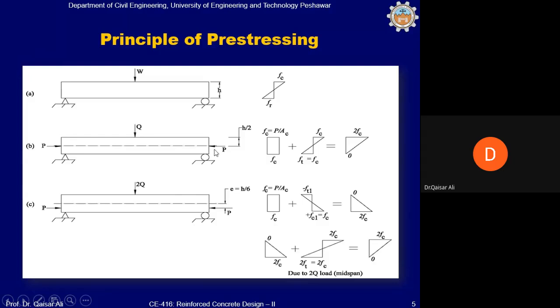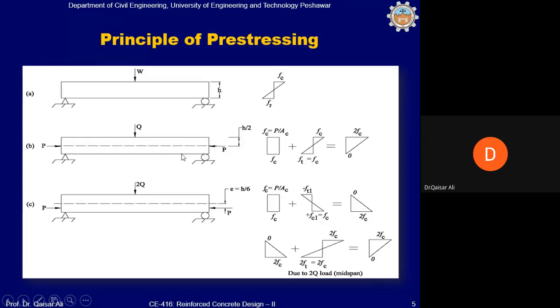Okay, so once we pre-compress this beam with force P at the centroid, you know that P will produce a stress which will be equal to P divided by A. You know this because this is an axial force, and the compressive stress produced on the cross section of this beam will be equal to Fc is equal to P divided by A. You know this very well, and the whole beam will be in a state of compression.